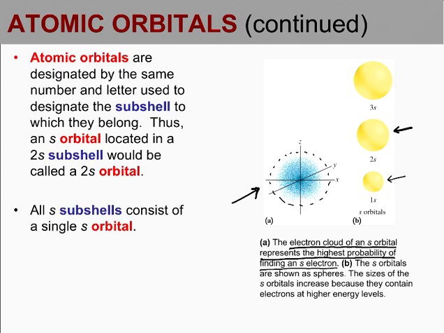So it could be a little further away from the nucleus. So if we draw a little nucleus in there. And then the 3s orbital is even larger. So an electron in a 3s orbital, it could be pretty close to the nucleus or it could be really far away. We're not really sure. But we do know that the electron is somewhere within that volume.